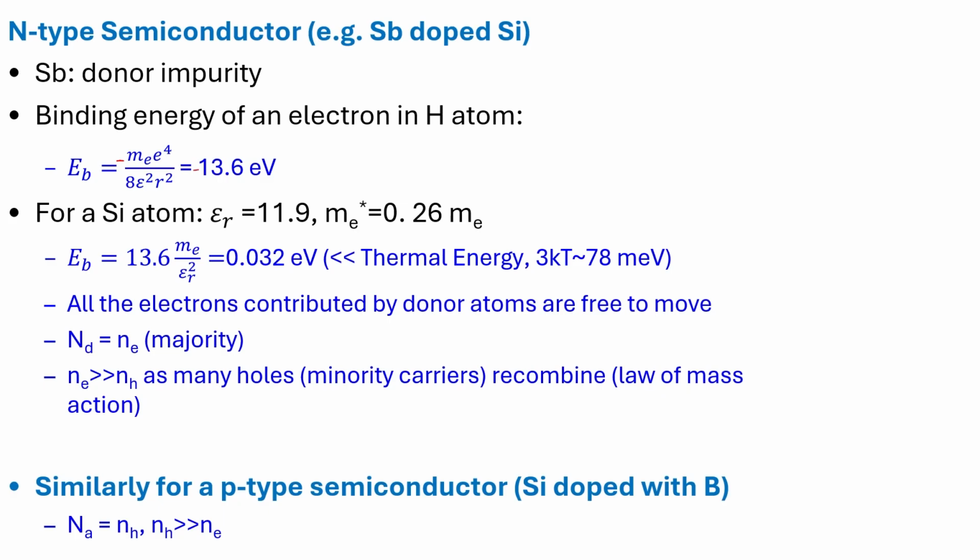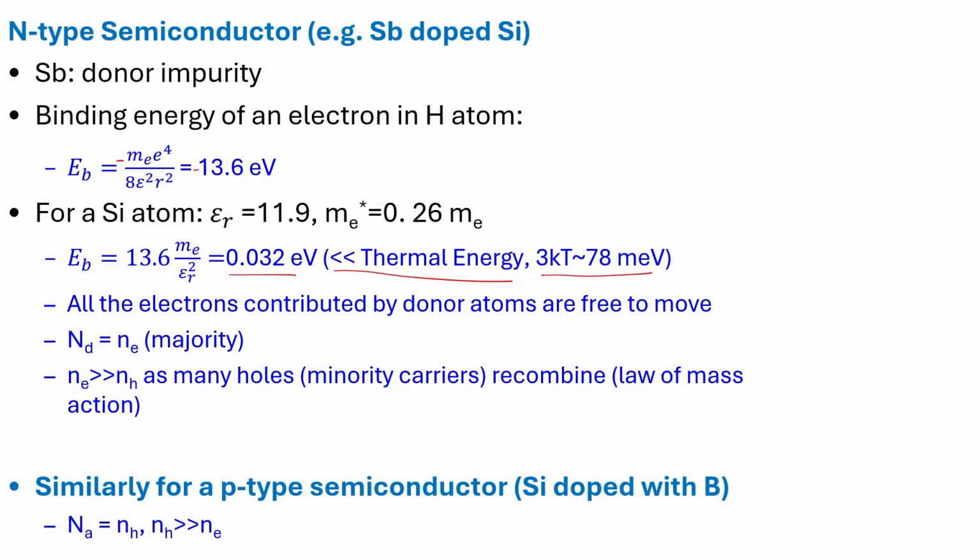This calculation is with respect to antimony, and this amount of energy will be different for different elements. For antimony, this binding energy turns out to be 0.032 electron volt, which is much smaller than the thermal energy, because 3 kT is about 78 milli electron volt, which means all the electrons present with the impurity atom can be transferred into the conduction band.